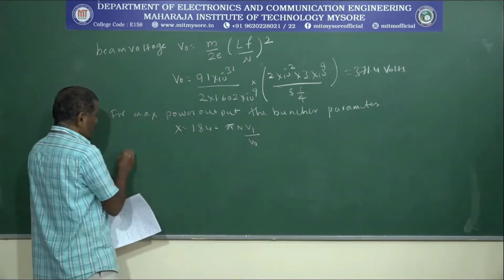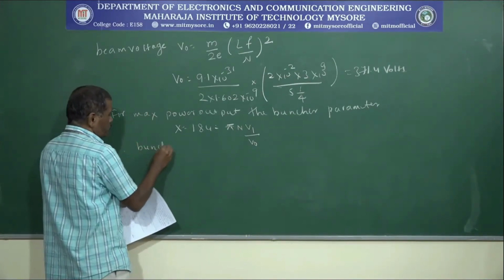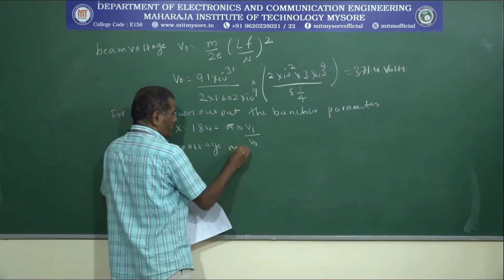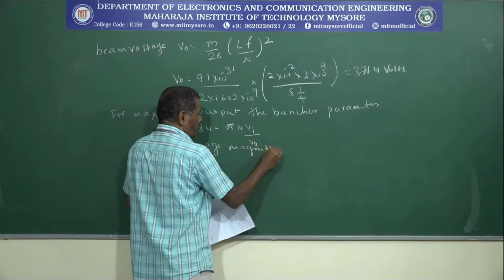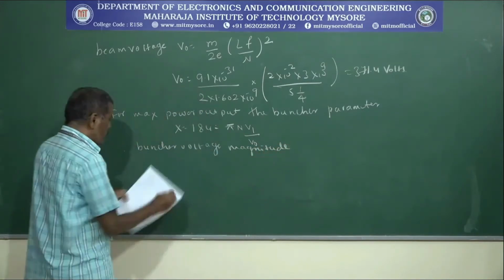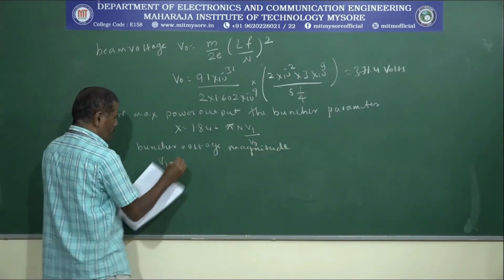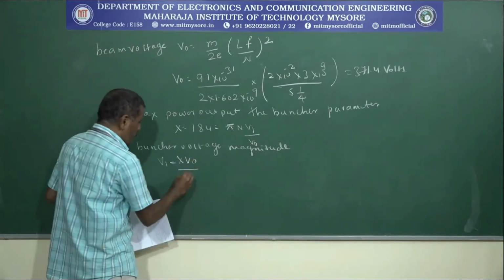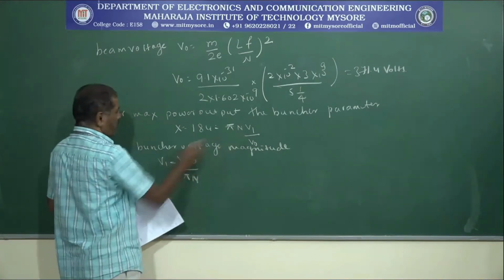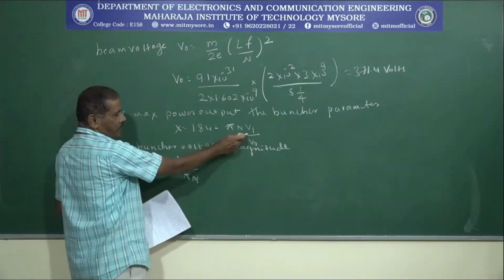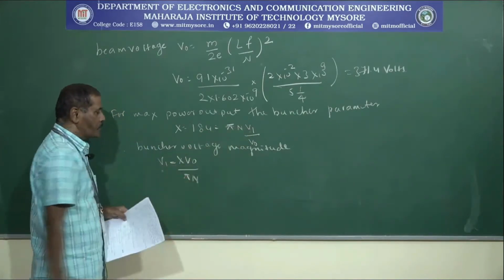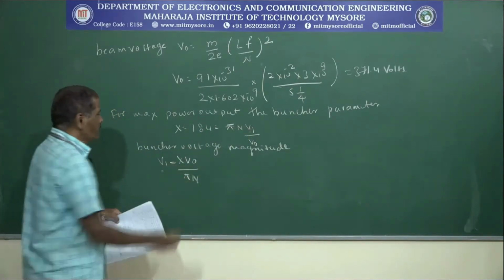Okay. Now, therefore, the buncher voltage magnitude: V1 equal to X into V0 divided by pi into n. Okay. This equation is taken from the previous one, just cross multiply and then V1 equals X into V0 divided by pi into n.